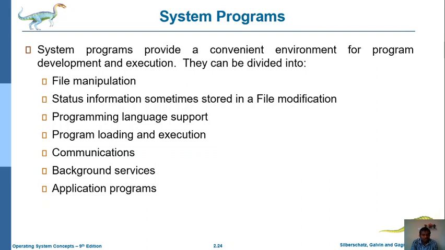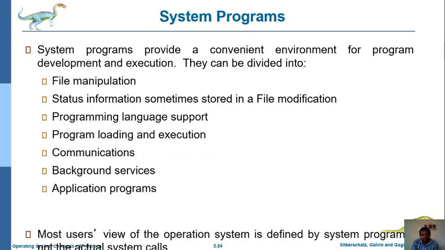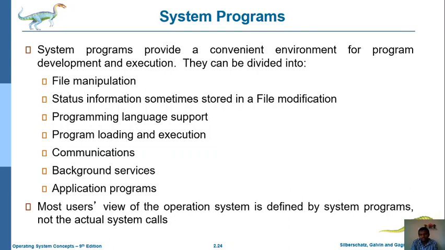Already we know the several application programs. To access any specific application, we use some program or software. For example, if we want to access MS Office, we use the MS Office software. In this way, system programs are mostly used so that the end user, or normal users, can easily and conveniently use the operating system.